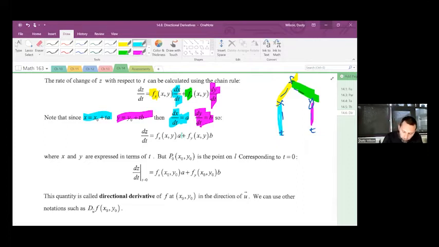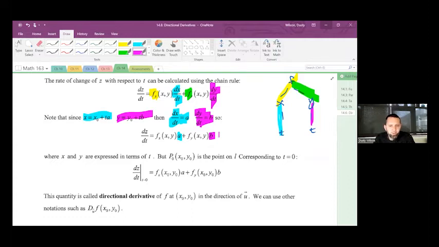And so our formula simplifies a little bit to dz dt equals fx times a plus fy times b, where x and y are expressed in terms of t. But p naught at x naught, y naught is a point on L corresponding to t equals 0. And so we could actually evaluate there.